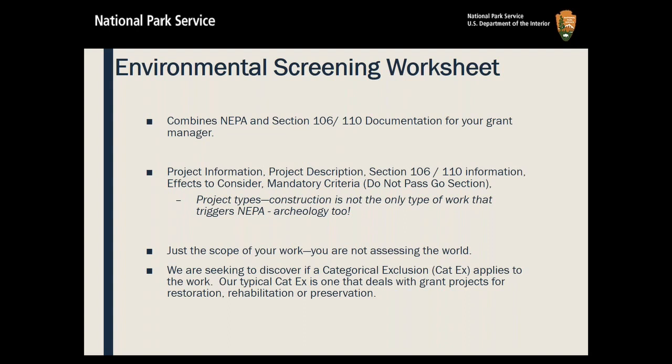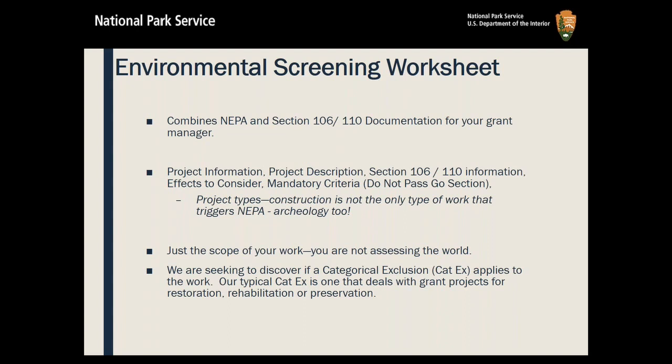So those are the three that kind of trigger this worksheet. It combines on the worksheet both things that are applicable to the National Environmental Policy Act, but also applicable to Section 106 of the National Historic Preservation Act. You'll see it has project information, project descriptions, mandatory criteria.